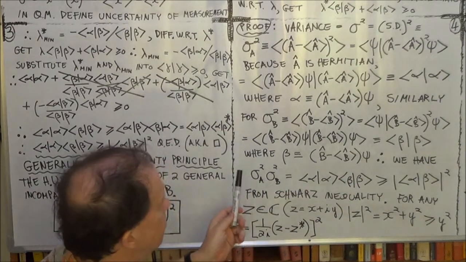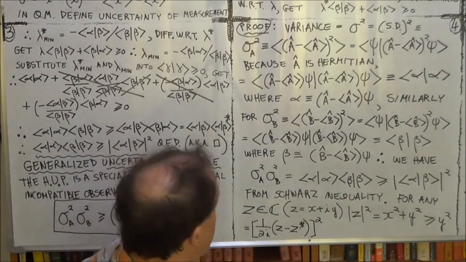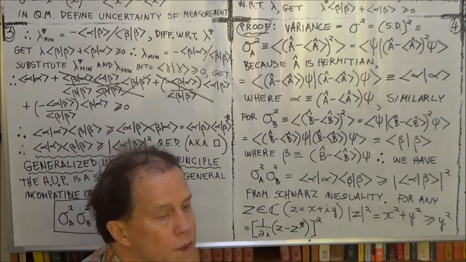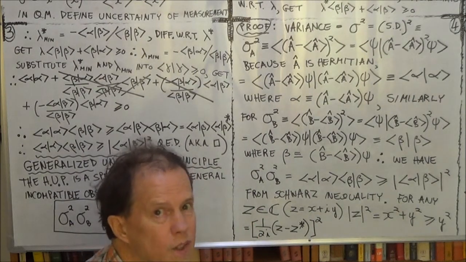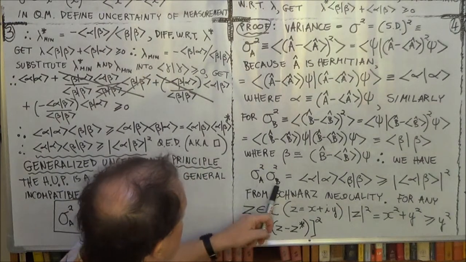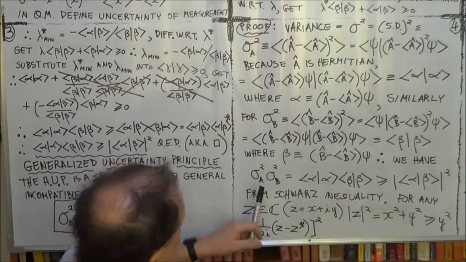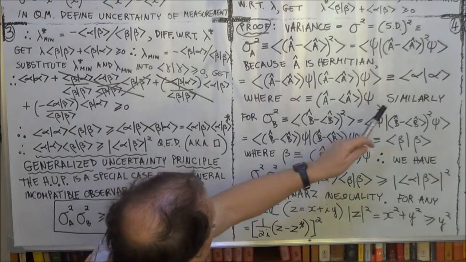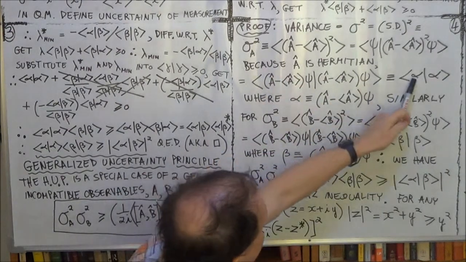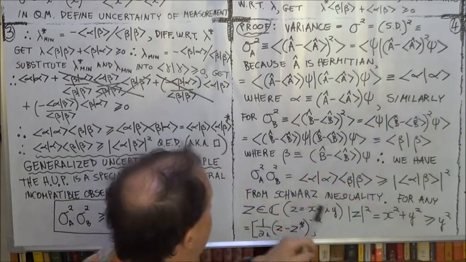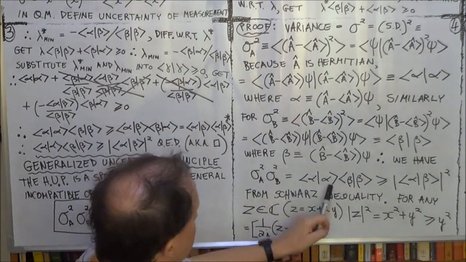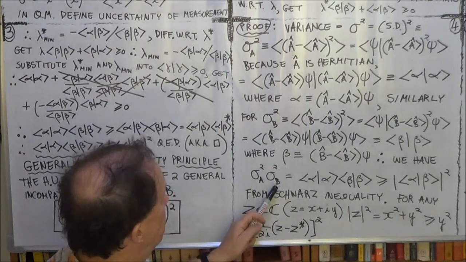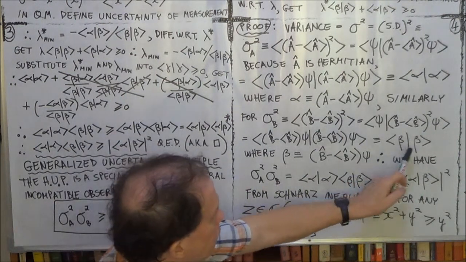Now I can multiply the two variances, sigma A squared and sigma B squared. What is sigma A squared? It's bracket of alpha alpha. There it is here. And what is sigma squared of B? Well, it's bracket of beta beta.